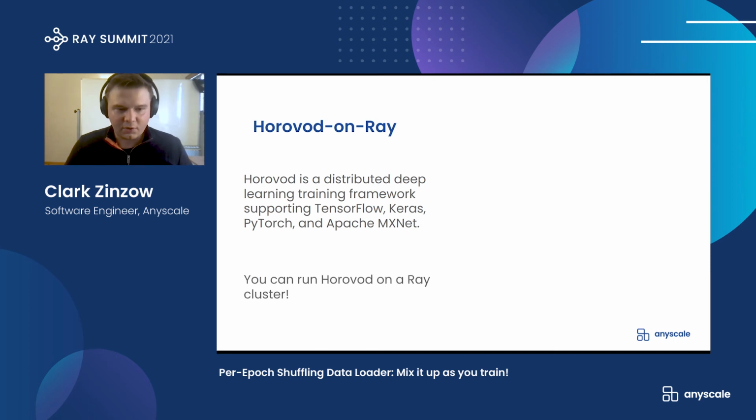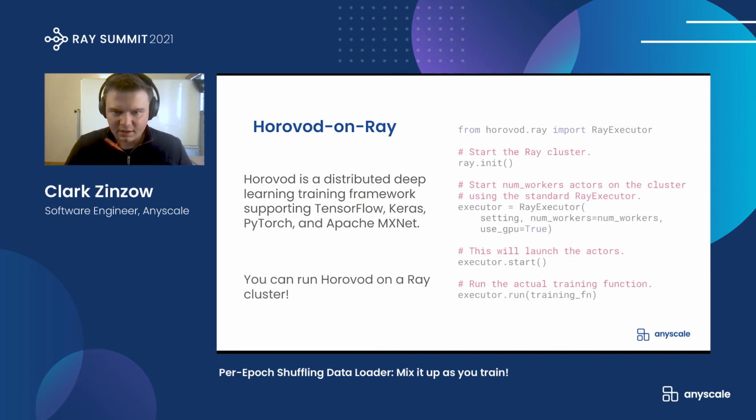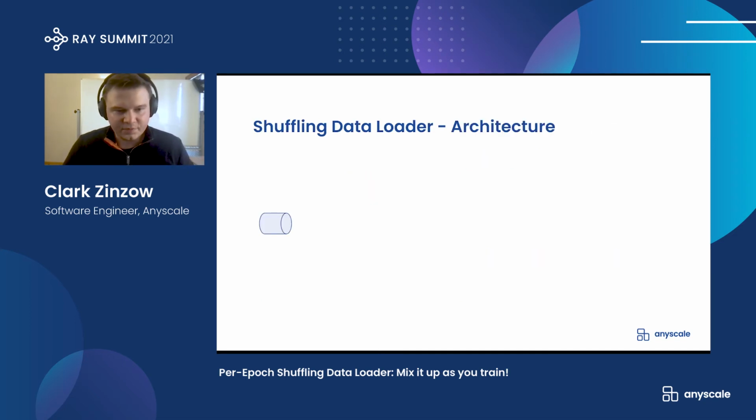And you can actually run Horovod on a Ray cluster. This shows an example API of how to start it up. I won't go into that too much, but within that training function, you can actually use our dataset that will run on each training worker and just yield those GPU batches as you would with your normal Torch flow when iterating over a data loader.